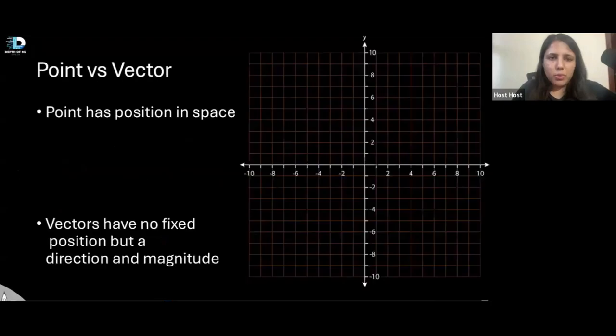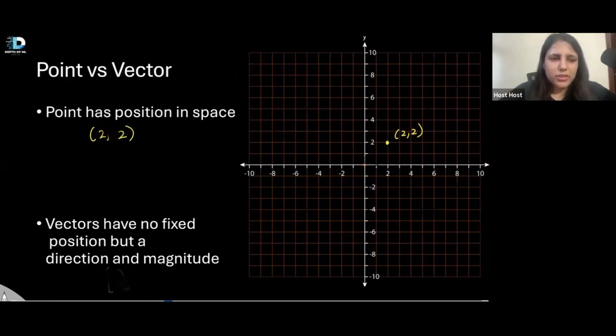Now let's move on to a very basic thing. I want to differentiate between a point and a vector. So what is a point? For example, I have this 2, 2, right? This is a point that I have. So what is the difference between this point 2, 2 and the vector 2, 2?